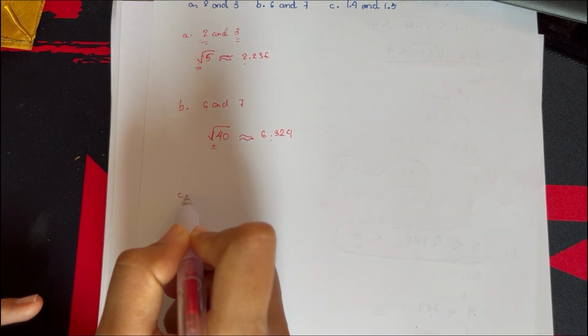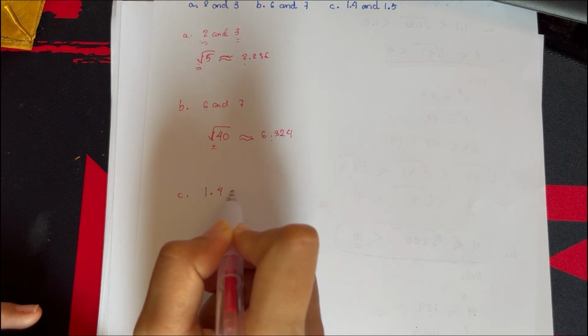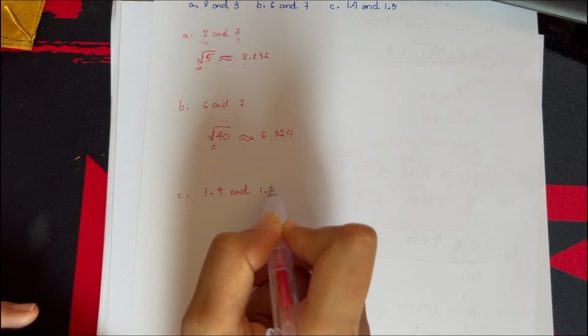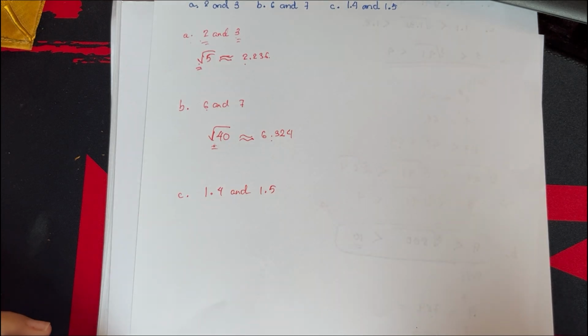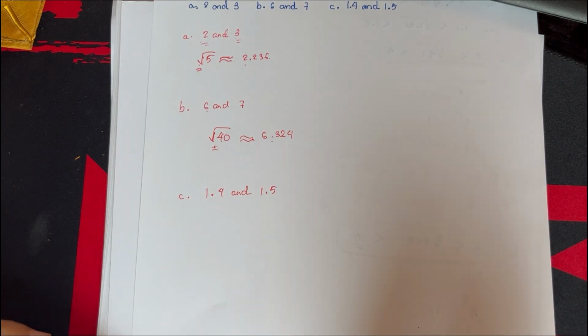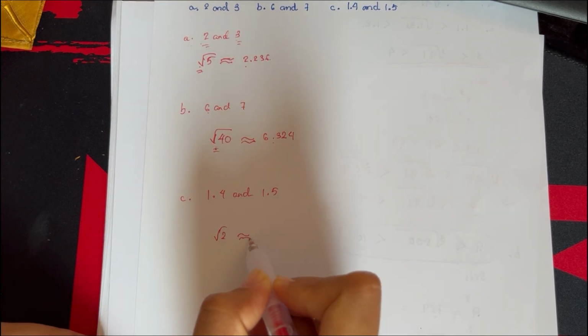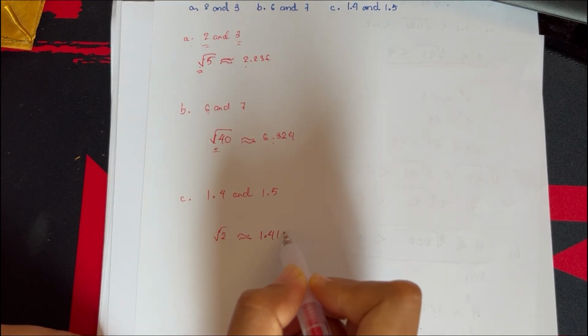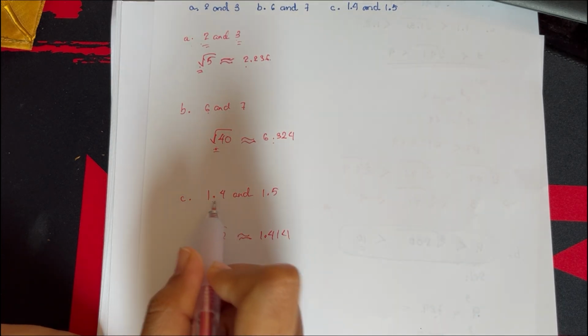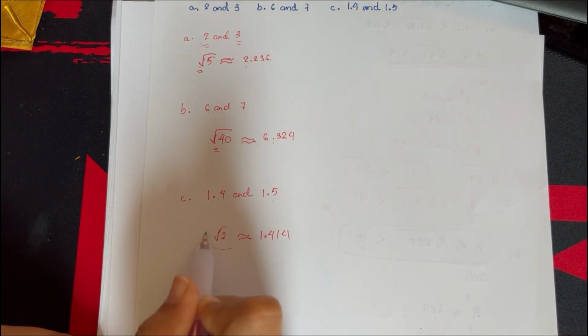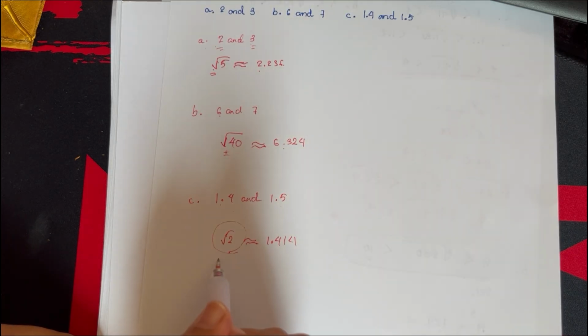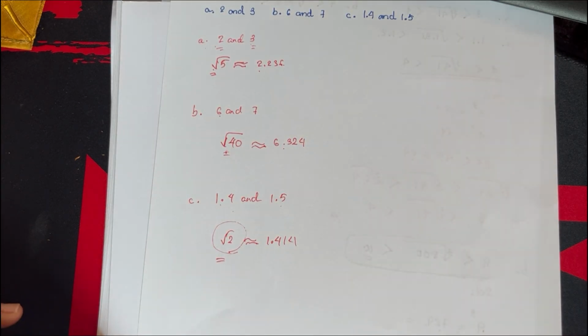And C, between 1.4 and 1.5. For example, root 2. The value of root 2 is nearly 1.414. So it's between 1.4 and 1.5, and root 2 is an irrational number. So the answer is root 2.